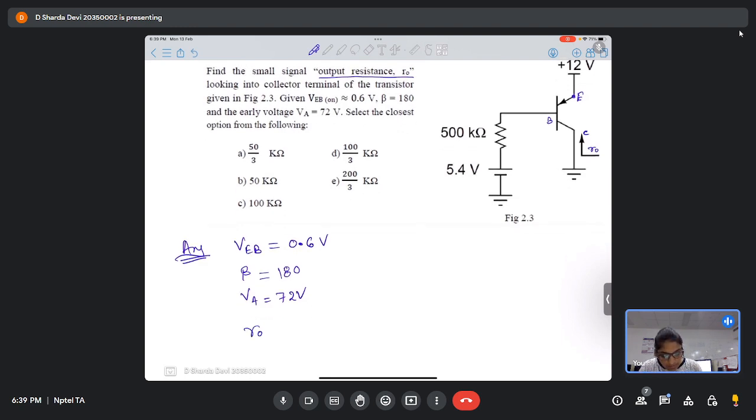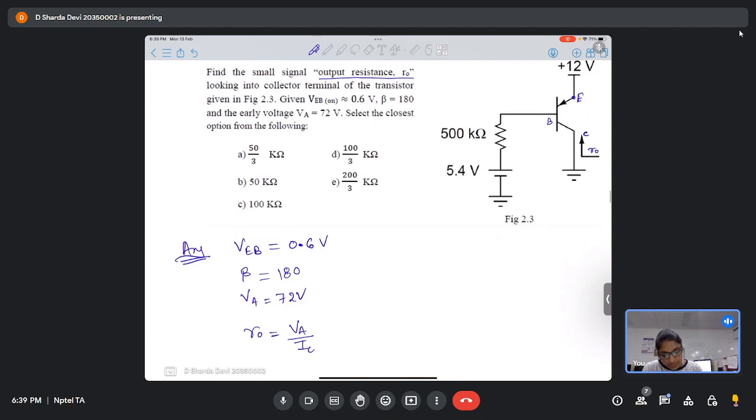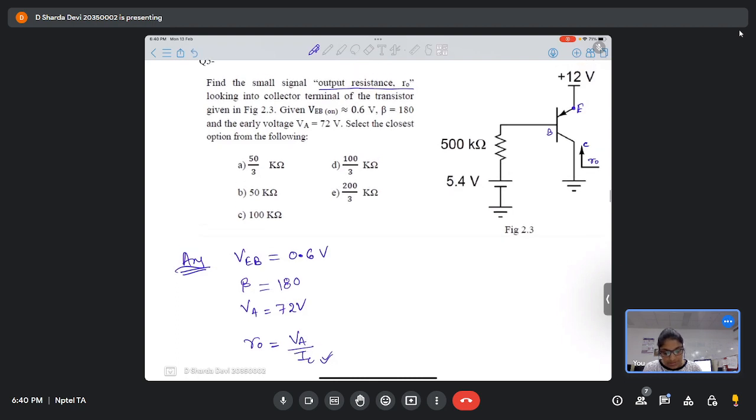For R0, how can we write it? We can write R0 as VA by IC. So first of all, we need to find IC. Once we find IC, we can simply find R0. So how will we proceed?